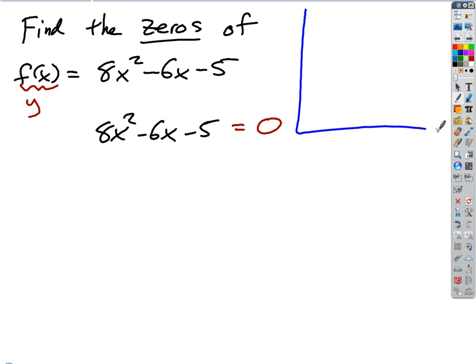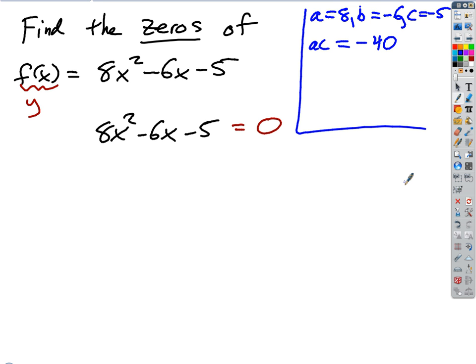So what's a, b, and c in this case? A is 8. B is -6. Good. C is -5. So what's AC? -40.